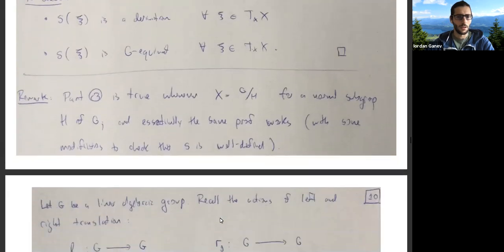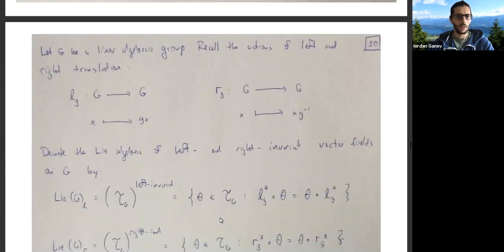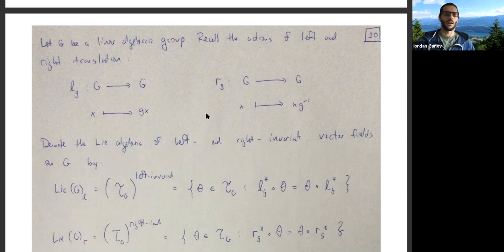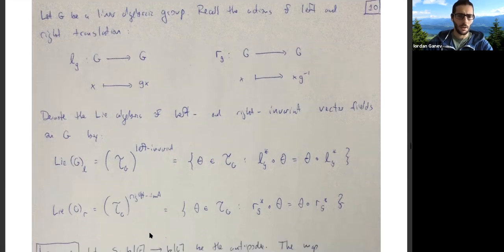And then we focused our attention on G, the linear algebraic group, as a principal homogeneous space for itself under the left translation action and the right translation action. So we have these two actions on G, they commute, and we have the notion of left invariant vector fields and right invariant vector fields.